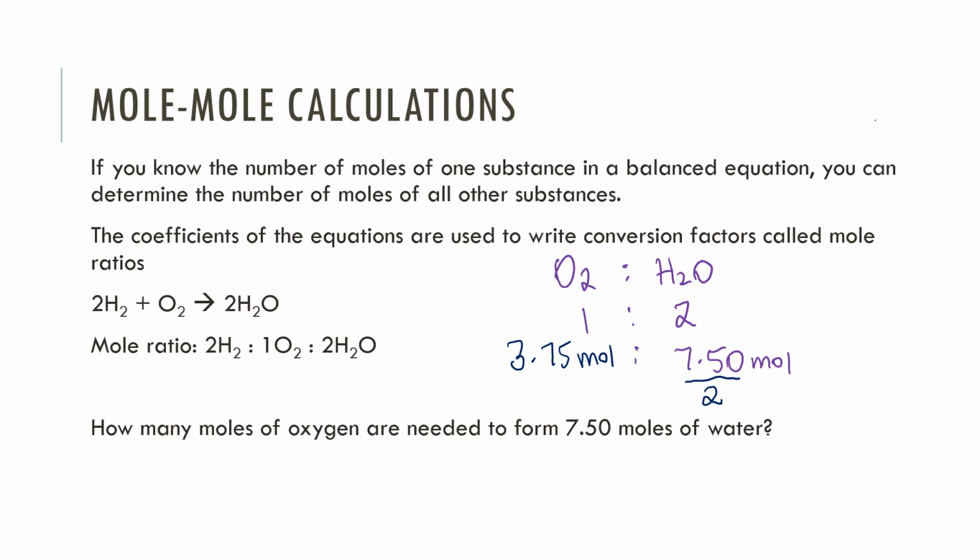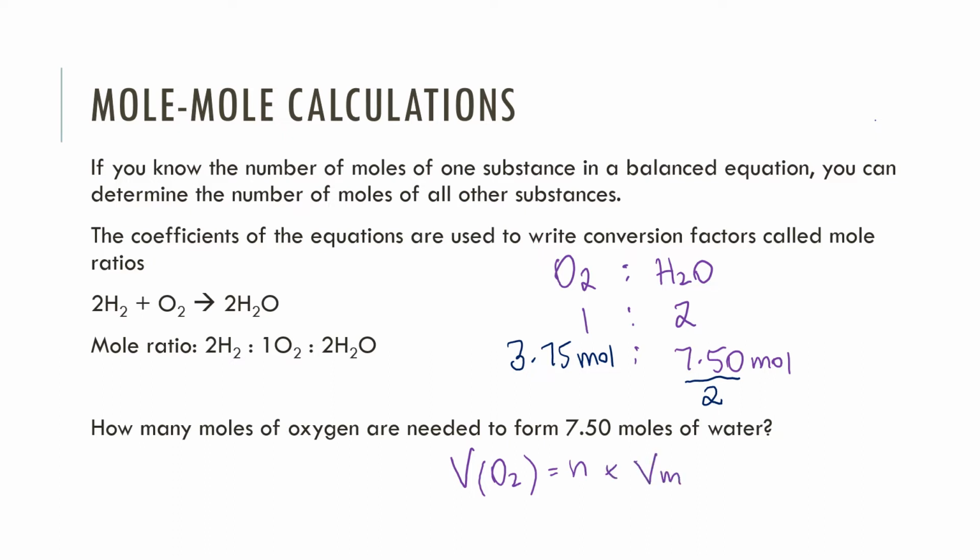Linking this back to our molar volume of gases, we can take this one step further and work out what volume of oxygen gas we required to produce 7.5 moles of water. Using our molar volume equation, we can rearrange it, so the volume of oxygen is equal to the moles times the molar volume.